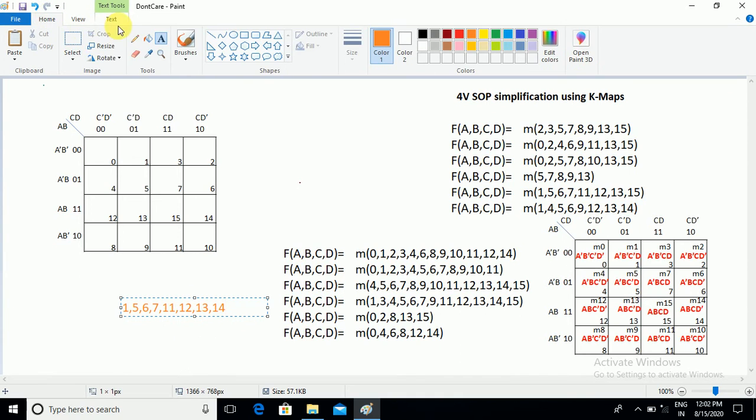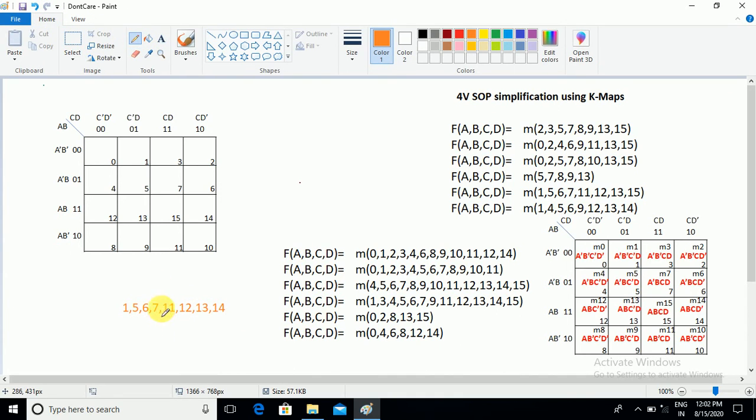You must understand the difference between the previous problem and the current problem. So here 1 is selected, 5 is selected, 6 is selected, 7 selected, 11 selected, 12 selected, 13 selected, and 14 selected.